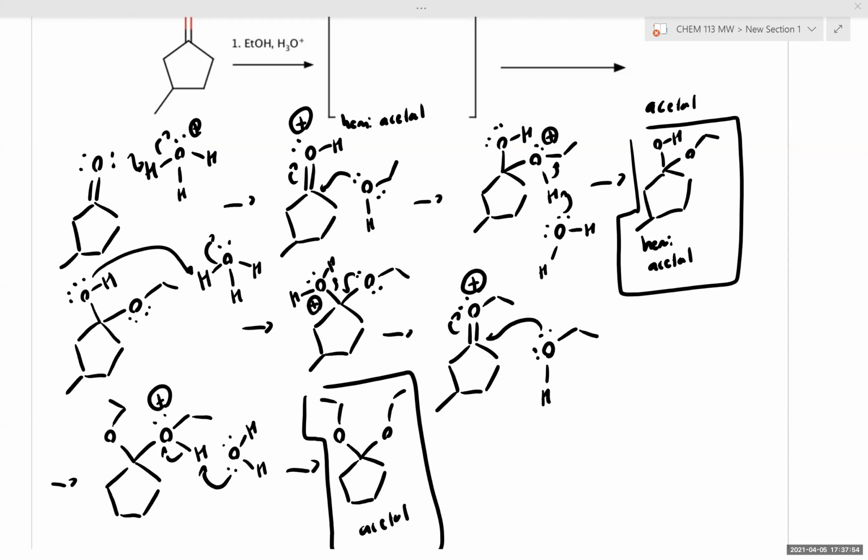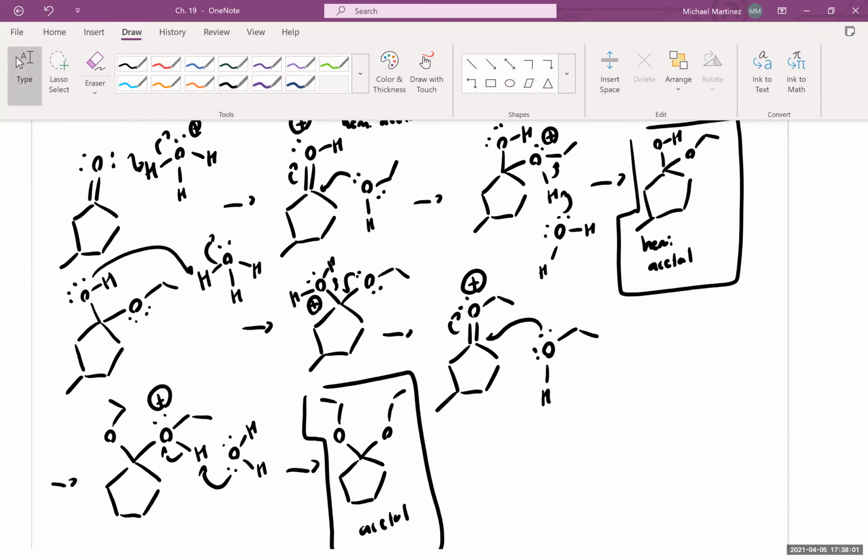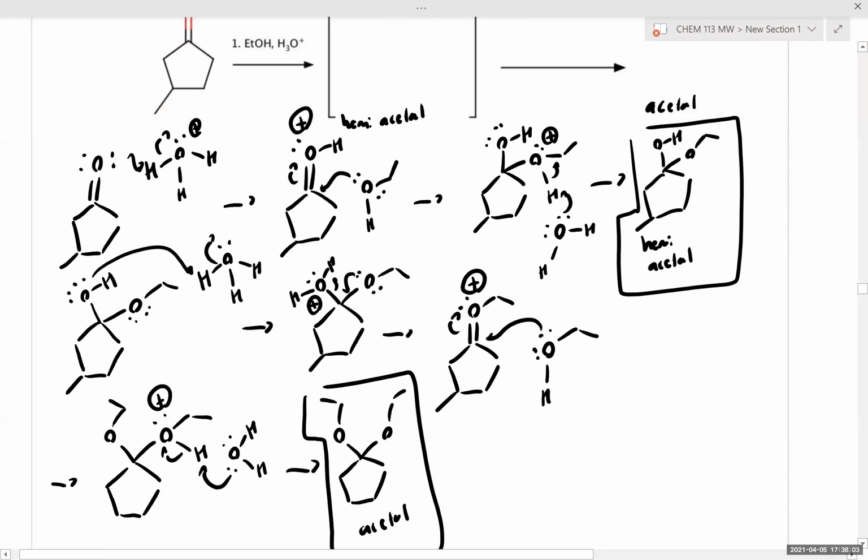Because we have a weak nucleophile, we typically activate our carbonyl via protonation.